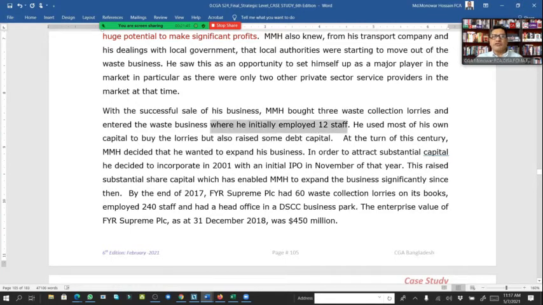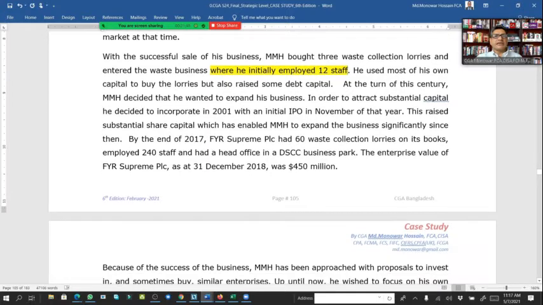Initially he employed 12 staff and some trucks or lorries for carrying the waste. At the turn of the century, in order to attain substantial capital, he decided to incorporate in 2001, with an initial IPO in November of this year. It is now a listed company.